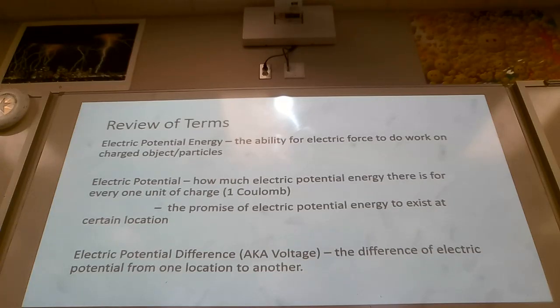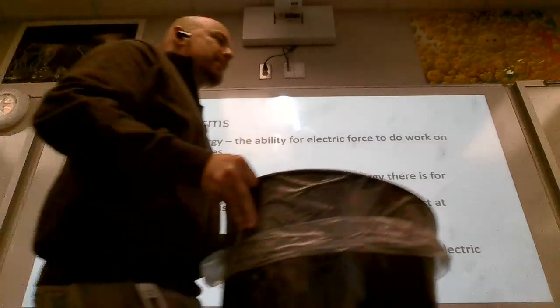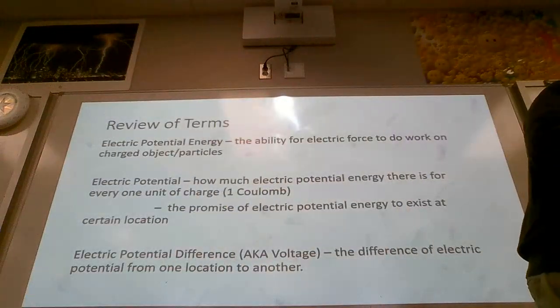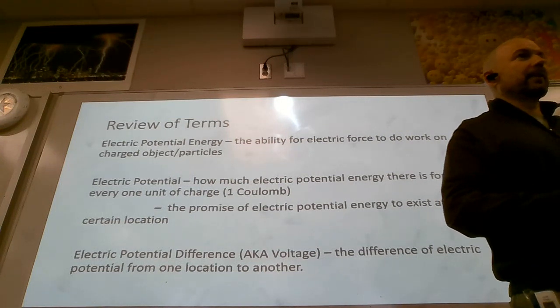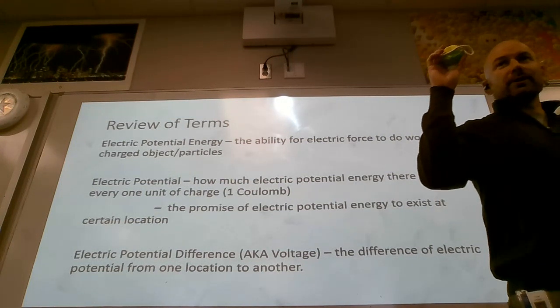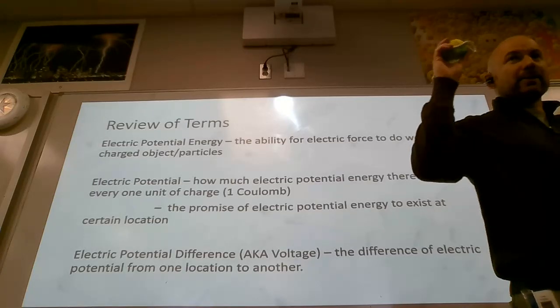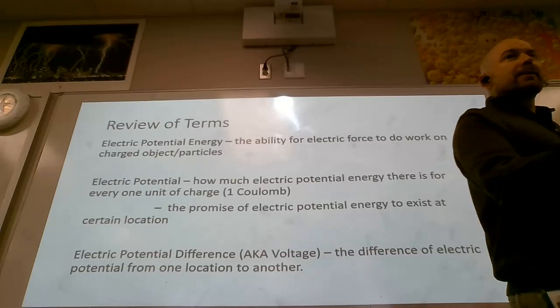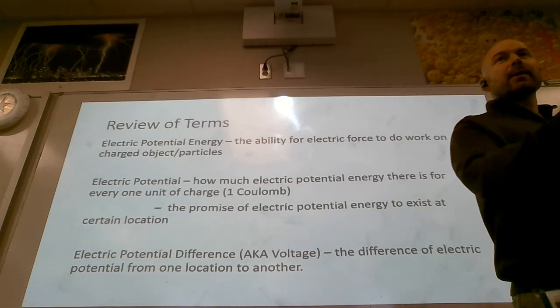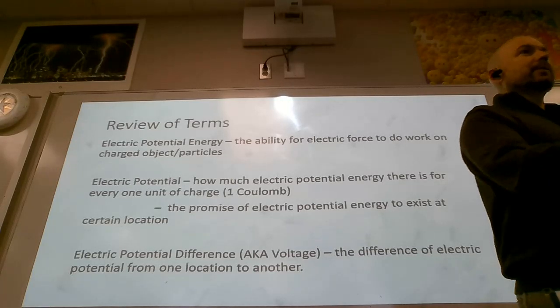Let's pretend our trash can is our Van de Graaff generator, big silver shocky ball thing. And this is a charge. This is like our charged packaging peanut. Okay, at this location, is there electric potential energy?